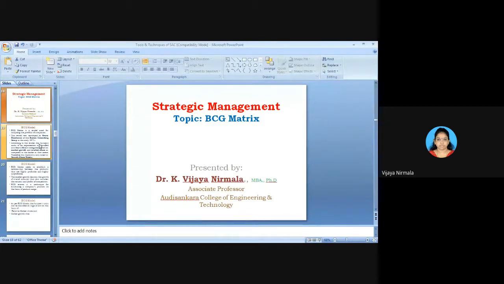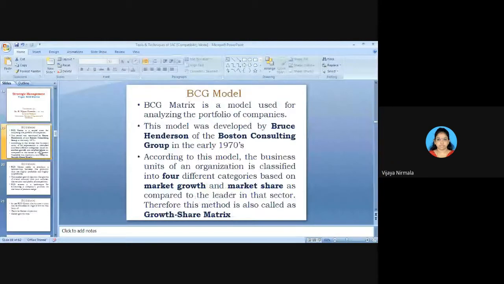And the next important tool, which you may get for 10 marks also, is the BCG matrix, or we call this the BCG model also. Now let us see what is the BCG matrix. This BCG matrix is a model which is used to analyze the portfolio of companies.